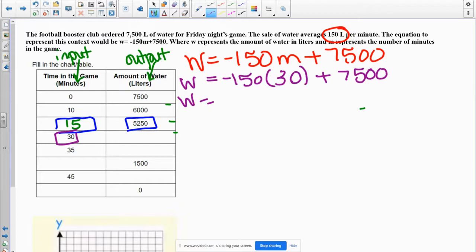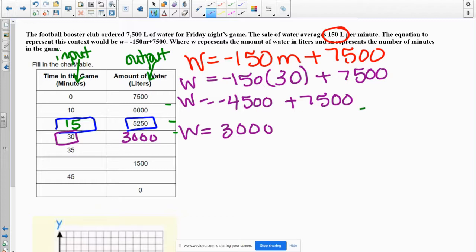So negative 150 times 30 is negative 4,500, and we're going to add that to 7,500, and we get 3,000 liters left. So after 30 minutes, we have 3,000 liters of water left.